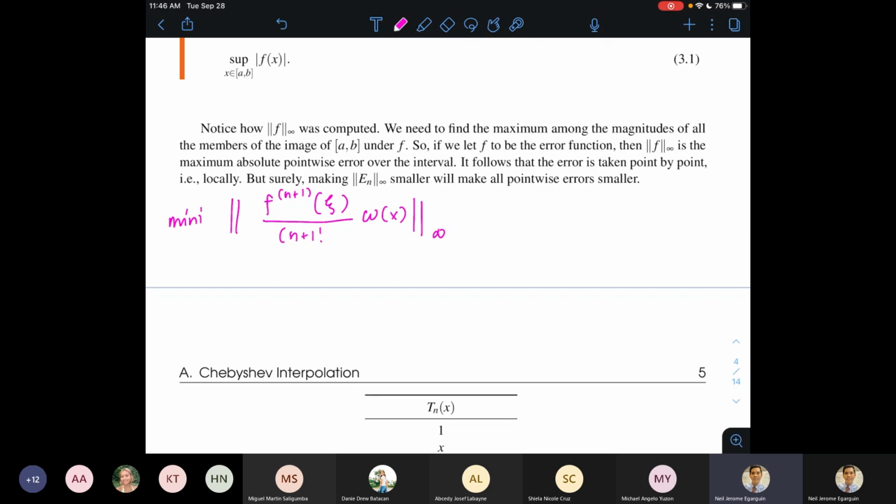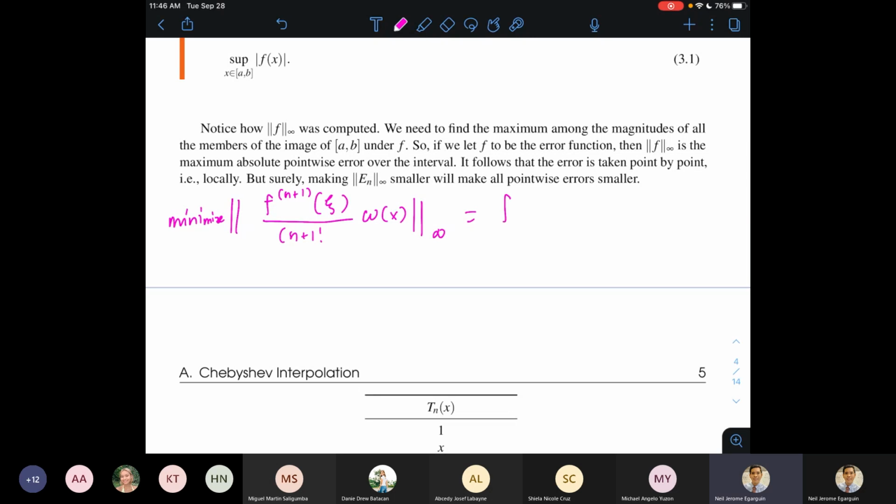Choose the abscissas so that this is minimized. Okay. So, yung mga abscissas, nasa loob sila ni omega because this is the product of x minus abscissas. But this guy, the first term, is just a constant. So, lalabas lang siya dun sa pagkuha ng L infinity norm kasi you can imagine or you can prove na kapag mayroong constant multiplier yung function, yung mga constant multipliers lumalabas lang dun sa pagtitake ng maximum.